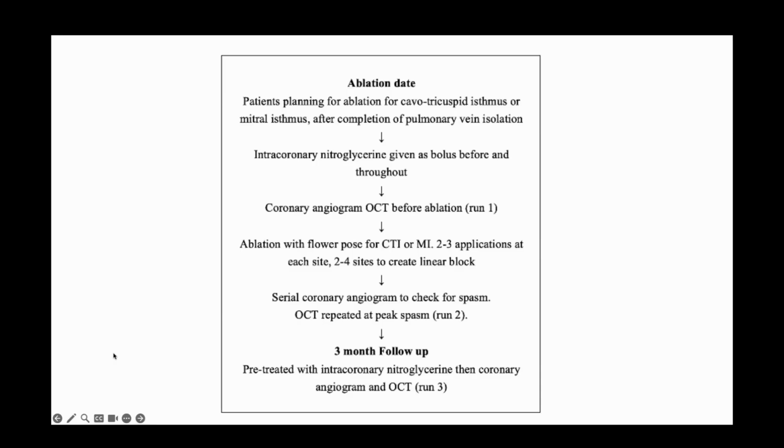And still, we do observe some quite significant spasm despite intravenous nitroglycerin. So because we're going to do coronary angiogram and OCT anyway, we will have a catheter engaging the coronary artery. So I think it is more effective to give the intracoronary nitroglycerin. The mean dosage was 800 micrograms, and it is comparable to the dose reported by Vivek Reddy's group.